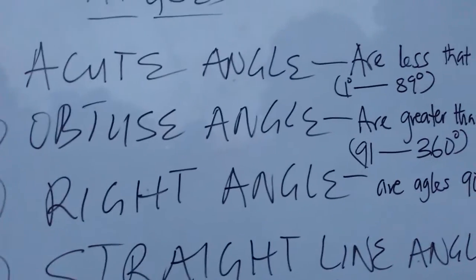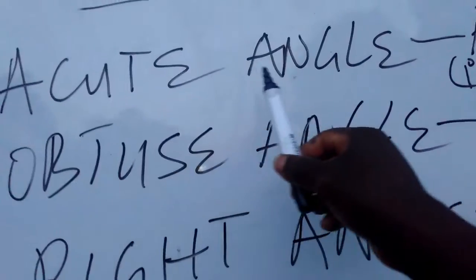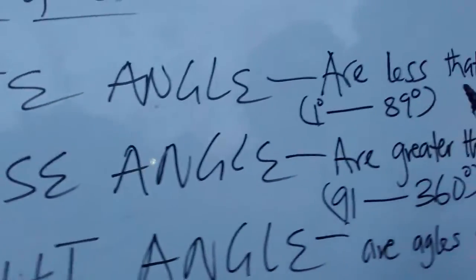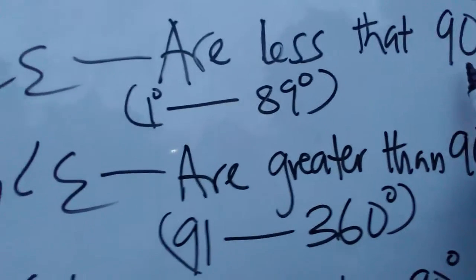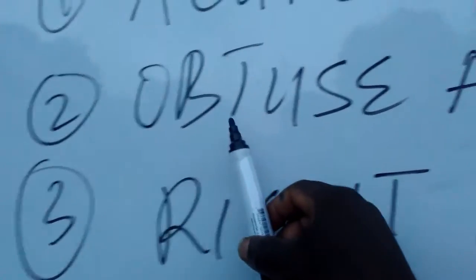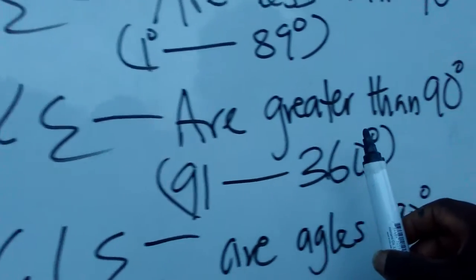Like I repeat, acute angles are angles that are less than 90 degrees. The obtuse angles are angles that are greater than 90 degrees. Then the right angle.